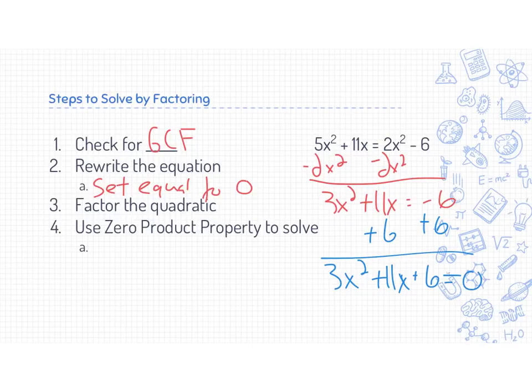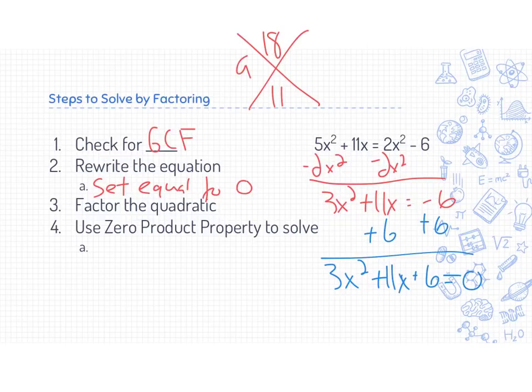So then from there, what we want to do is factor. Okay, so we've done this, so we draw our x. A is 3, C is 6, so we get 18. And then 11 on bottom. And then so answer the question, what multiplies to 18 and adds to 11?